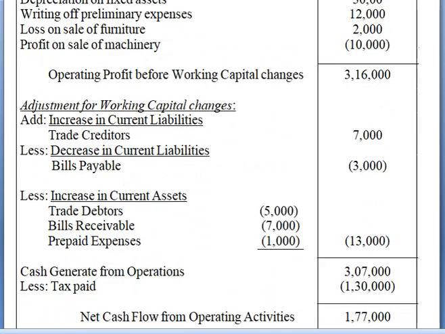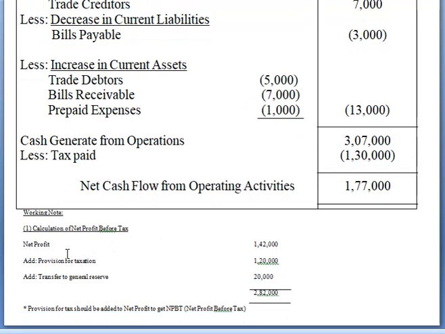So let us go to the working note here. I have written it, it's very small out here, but in the PDF when you check, it is written nicely. So net profit is 1,42,000 that has been earned during the year. Add provision for taxation. This provision for taxation is actually the amount of profit which is set aside for the payment of tax, so you have to add it to the net profit.